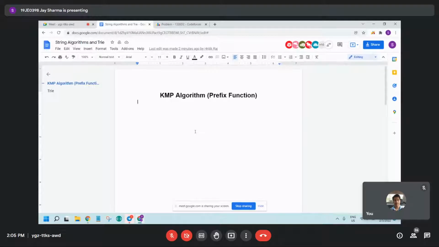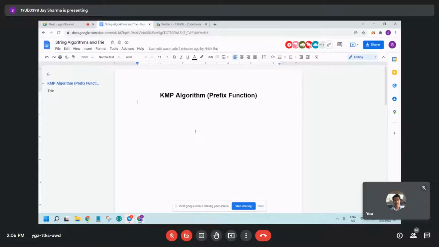Similarly, if you are adding two strings, the complexity is O of length of the first string plus O of length of the second string. But if you are using the plus equal to operator, then the complexity is only the length of the second string that you are adding.